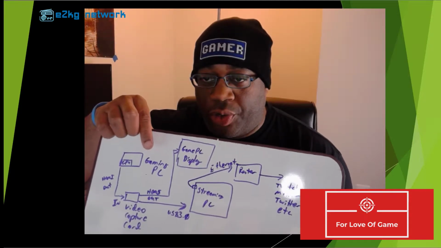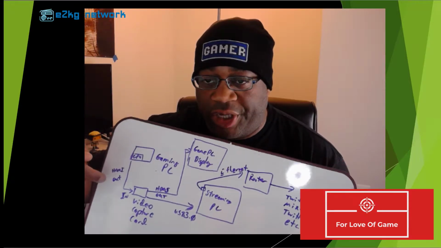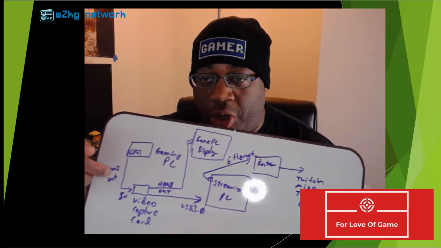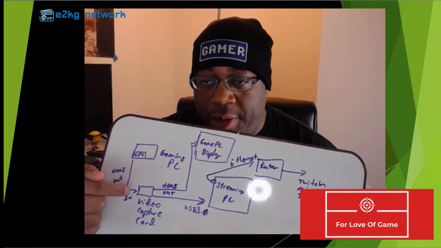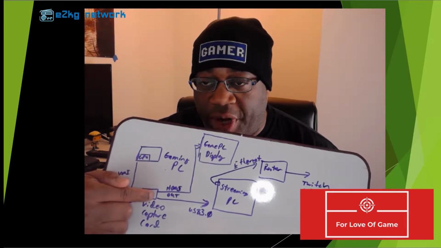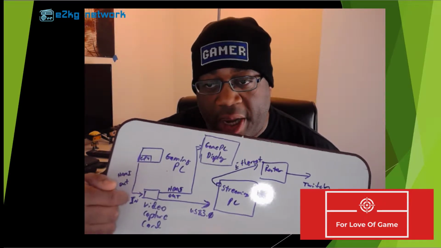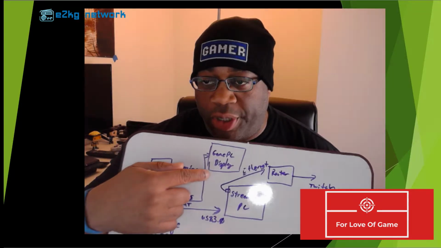And what you're going to do is come out of your GPU with your HDMI line, and go over into a video capture card with that HDMI line. You're going to come out of the video capture card with another HDMI line, and go out to your display.